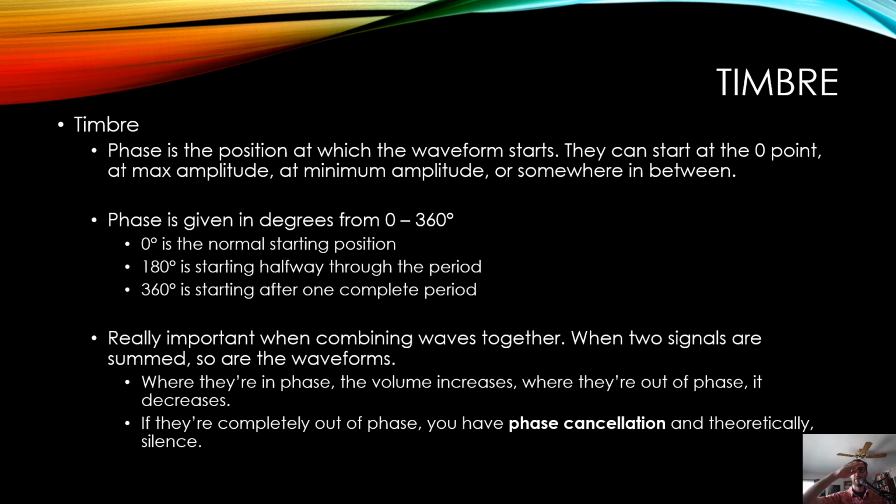If you have one that's ascending and another that's descending, you might get a little volume cut out halfway through. And if the signal is 100% identical, but perfectly out of phase, 180 degrees, you will get phase cancellation and theoretically silence. And this actually can happen. I can show you how to do this with a figure 8 mic and a little bit of phase inversion later.